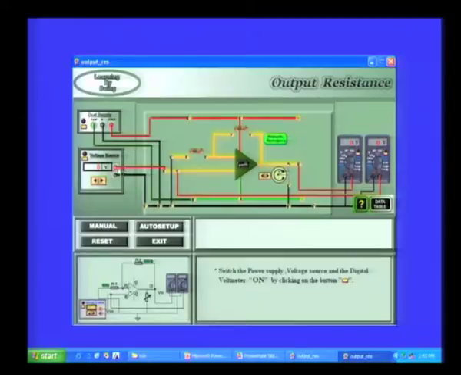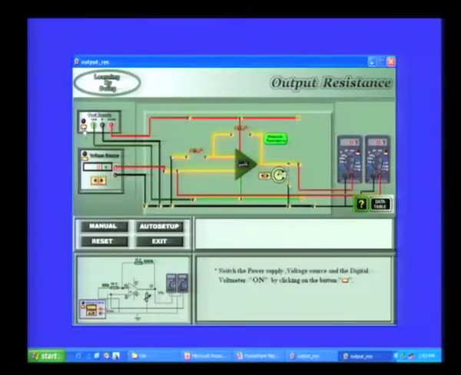The voltage from the voltage source is connected to the non-inverting input here, and therefore it is a non-inverting amplifier with a gain of 1 plus RF by RI, and RF by RI is equal to 1 here. Therefore, the gain of this amplifier is 1 plus 1, which is 2. And now, what I do is I always have a large resistance here. This is a potentiometer and this has a very large resistance.